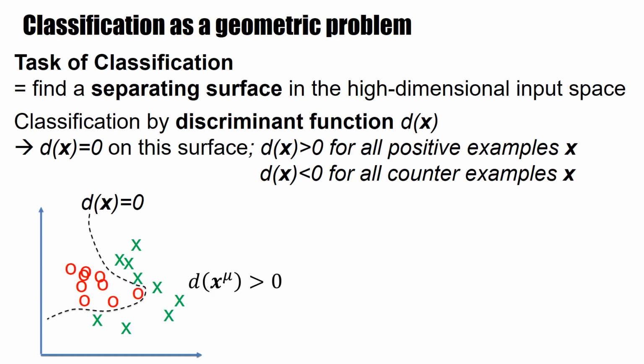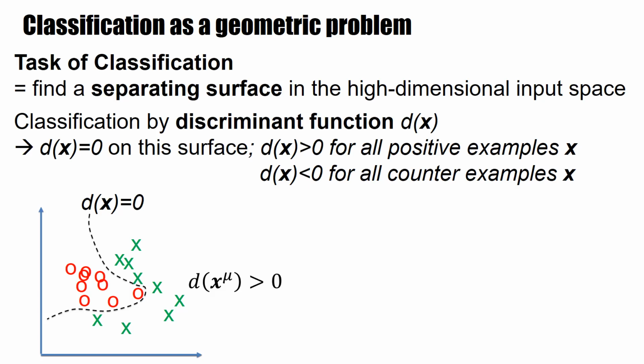So let me summarize this. The task of classification is to find a separating surface in this high-dimensional input space. Remember, even with 128 times 128 pixel images, the dimensionality of the input is 16,000 or more. Now, how could we define this separating surface?